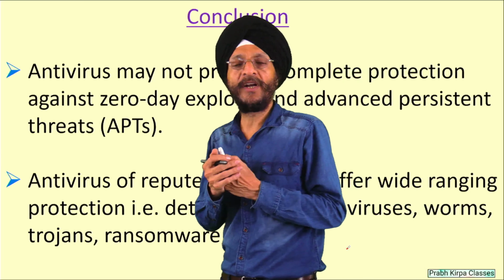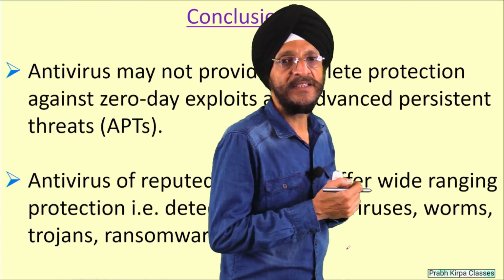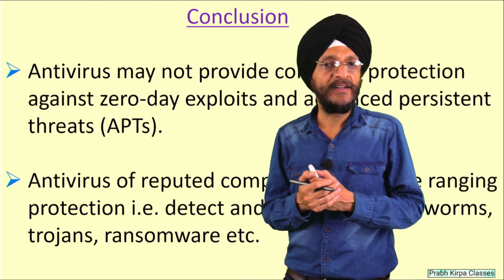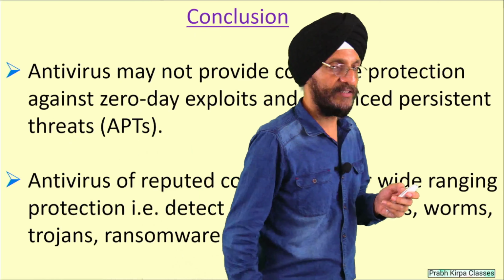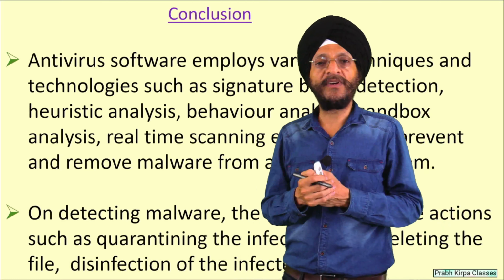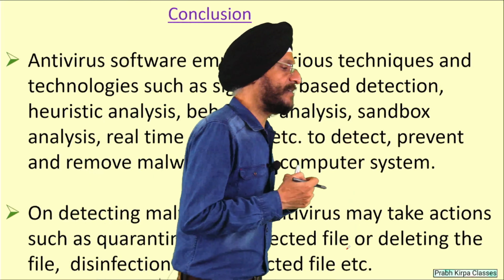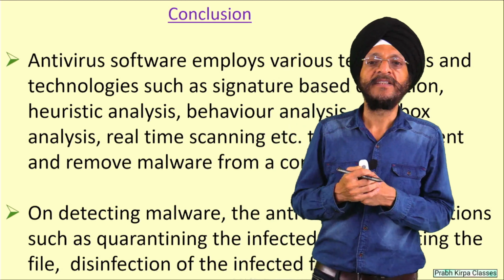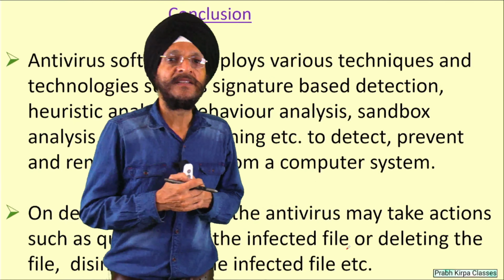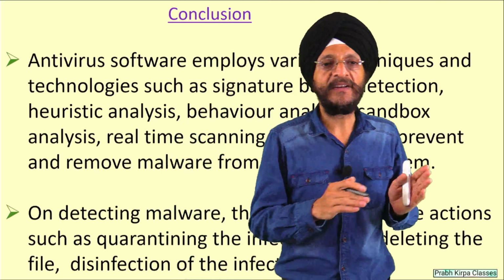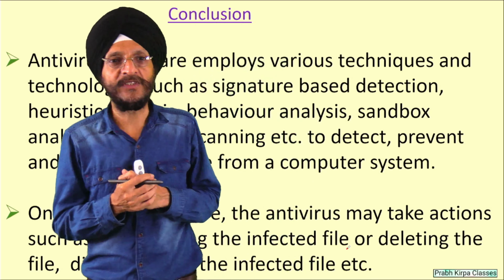Antivirus of reputed companies offer wide-ranging protection, that is, they are in a position to detect and remove viruses, worms, trojans, ransomware, spyware, adware, etc. Antivirus software employs many techniques and technologies such as signature-based analysis, heuristic analysis, real-time scanning, behavior analysis, sandbox analysis to detect, prevent, and remove viruses and other forms of malware from our computer system.